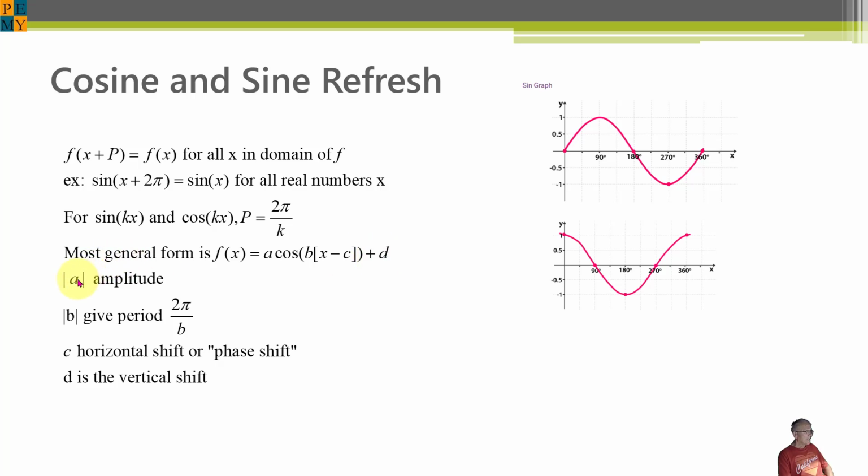In this case, the absolute value of a is the amplitude, so in this plot 1 is the amplitude. b gives the period as 2 pi divided by b, and c is the horizontal shift or phase shift. d is the vertical shift. I'll demonstrate all of these things in a moment.